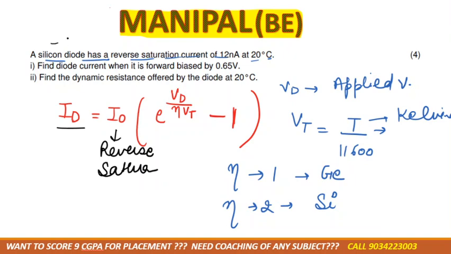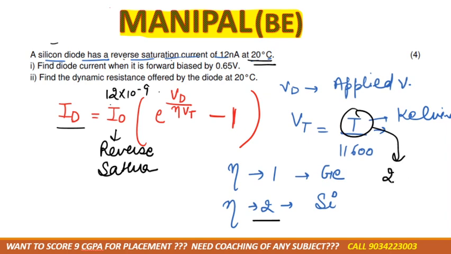So they have given a silicon diode, which means eta is 2, with a reverse saturation current, which means I naught is 12 nanoampere. 12 nanoampere means 12 into 10 raised to power minus 9, at 20 degrees Celsius. So the temperature is 20 degrees Celsius; add 273 to convert it into Kelvin.